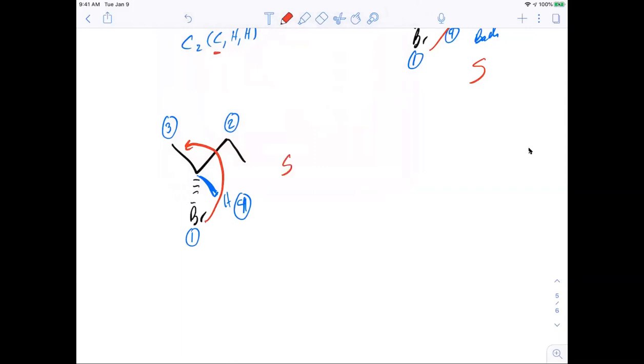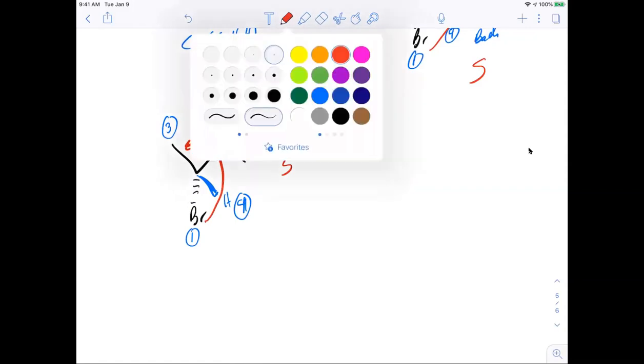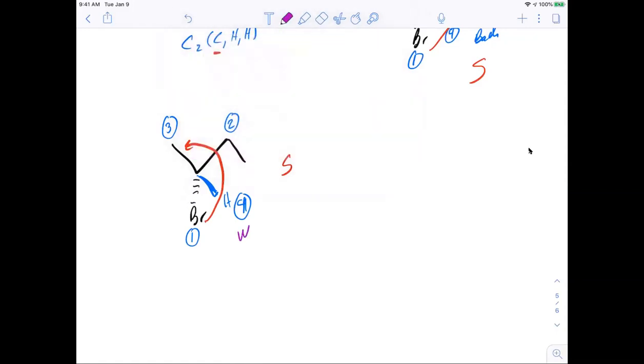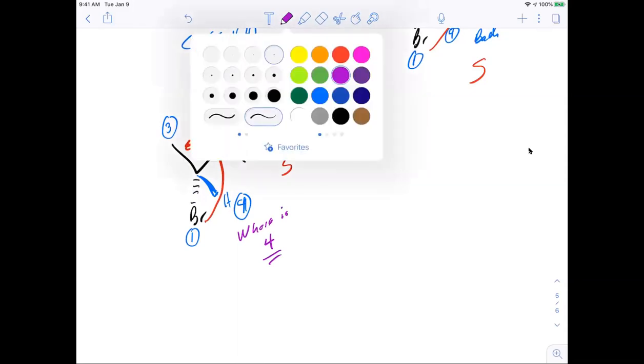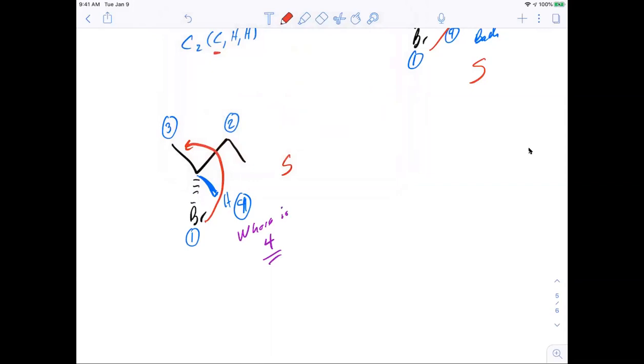That's counterclockwise. But then where is 4? If 4 is back, you stay. If 4 is forward, it's not S, it's R, because I'm just looking at it from the wrong face.